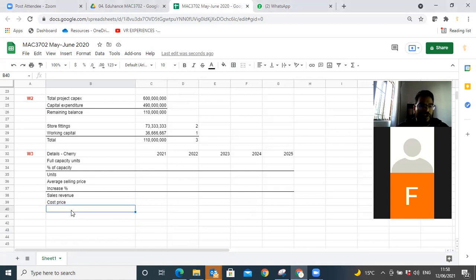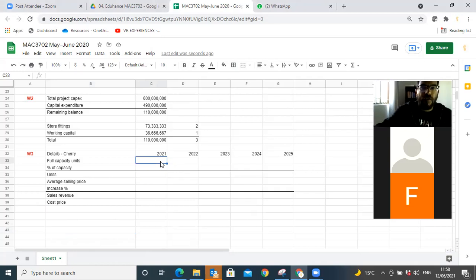So let's have a look. So we're working with Cherry. So we know full capacity. Full capacity is 2,000, but that is per store. We need to multiply it by the number of stores. So just make sure I'm putting the right numbers. Okay, so 2,000 full capacity times 350 stores.